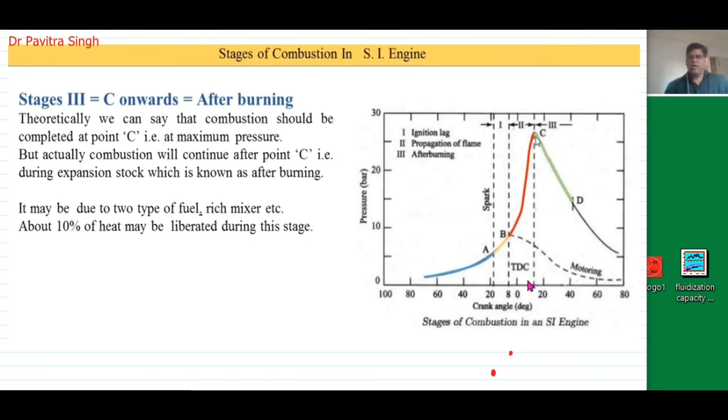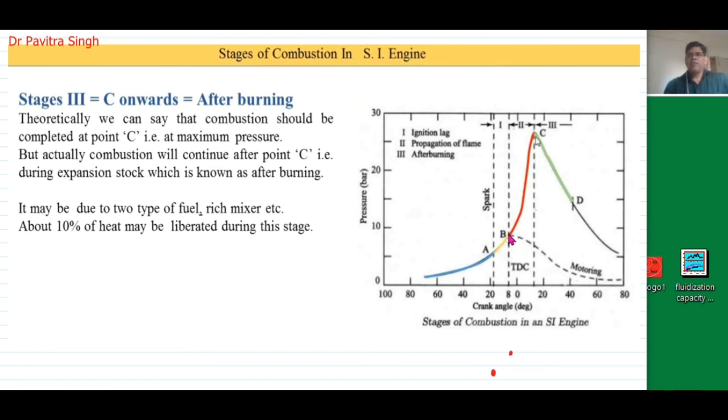You can see in this figure, from point B onward. At point A, sparking is provided to the air fuel mixture, and A to B is the ignition lag. During this process the combustion will be initiated.